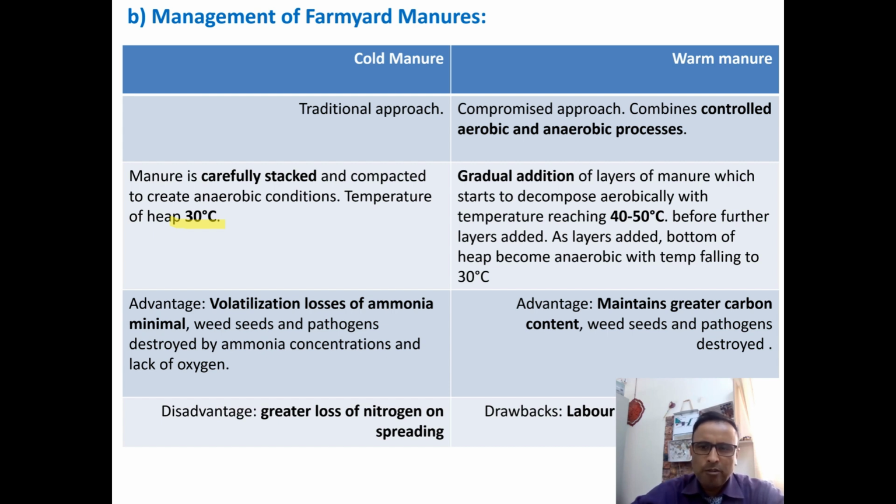The second approach is called the warm manure approach, in which aerobic and anaerobic conditions are both there in the heap. Why are both conditions there? Because there is a gradual addition of layers into the manure. One layer, then second layer, and then third layer. So top layers are mostly aerobic, and the inside layers are anaerobic.